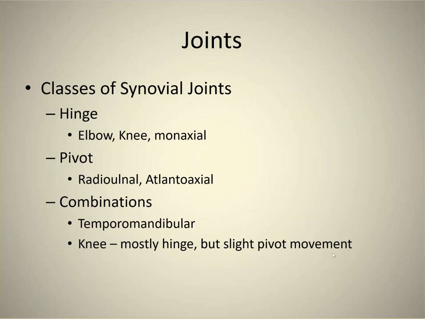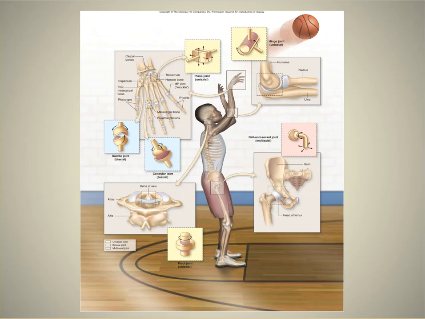So you'll be asked, what's the example of a hinge or a pivot or plane or whatever type. Give me an example of a synovial joint in these categories, in these classes. Okay, slide 13. Here are examples of all the ones we just talked about.